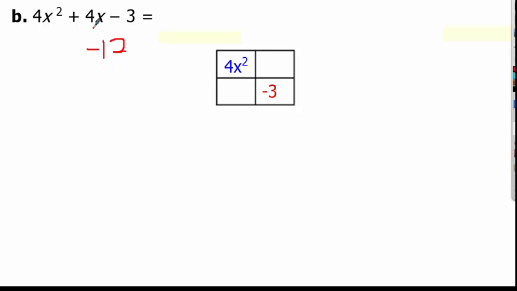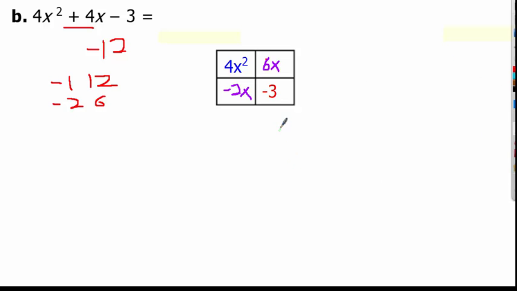Factors of that are going to add to give me positive 4. So I have negative 1 and 12. That won't work. Negative 2 and 6. And since that works, I'm going to stop. I put one of them here with an x, and I put the other one here with an x. Again, does not matter which order we put them.